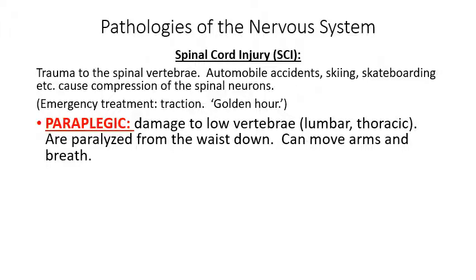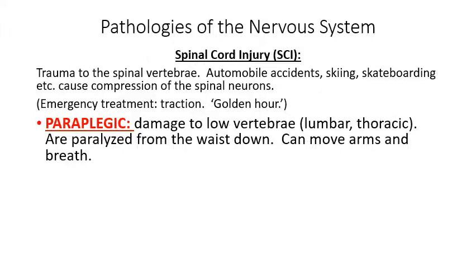So a paraplegic is somebody who had damage to some of the lower vertebra in their back, either the lumbar vertebra or the thoracic vertebra. And if you have damage to this vertebra causing compression of the neurons in the lower back, some of the neurons, but not all of them, may die as a result of the compression. And you end up being what's known as a paraplegic.